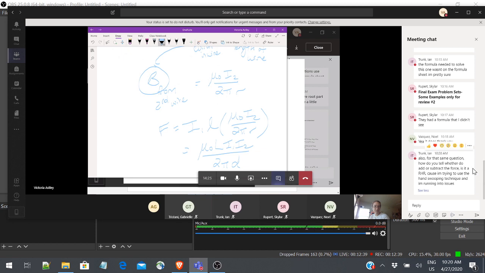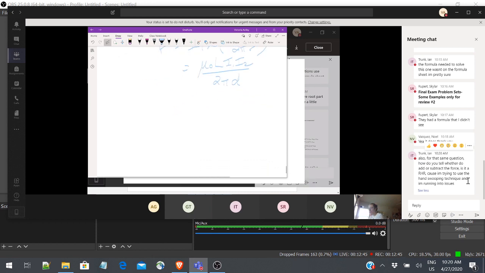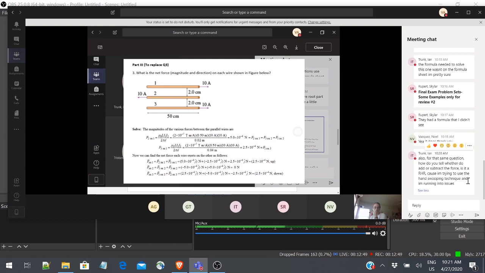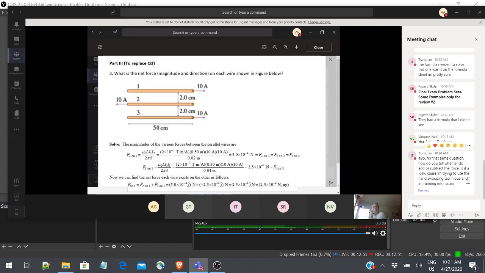How do you tell whether you add or subtract the force? It's a right-hand rule. For example, look at wire number 1. Wire 1 is going to have a force from wire number 2 and a force from wire number 3.